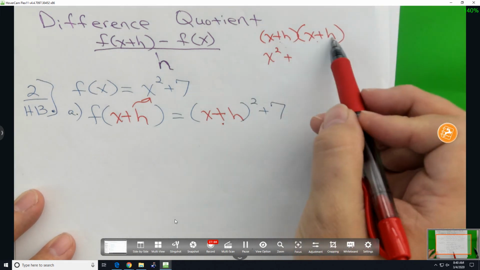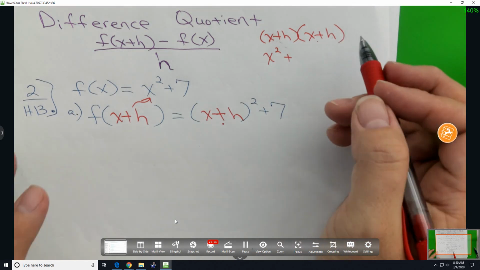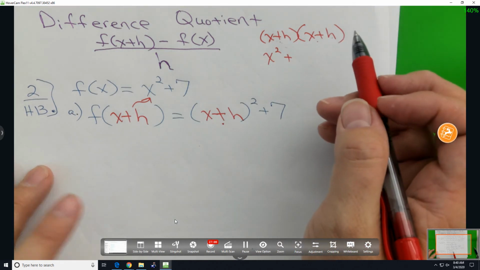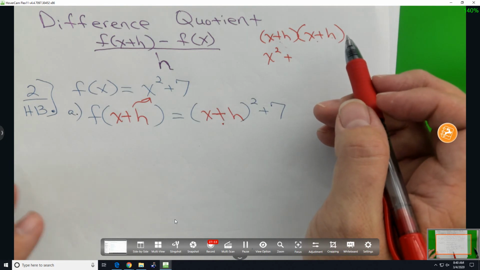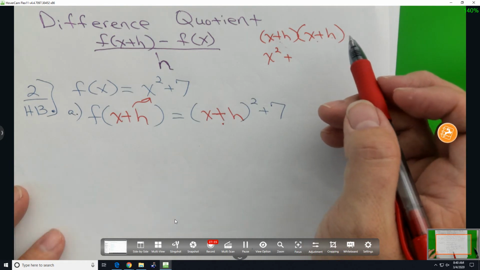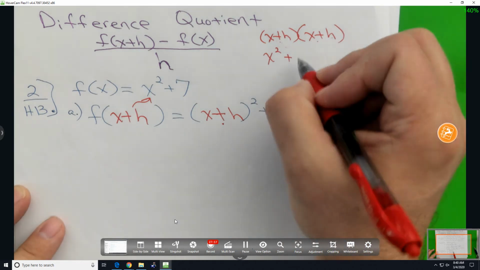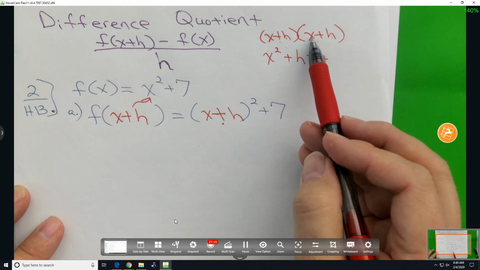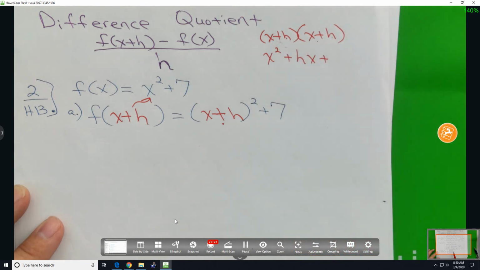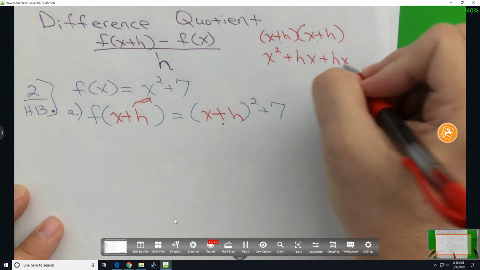Outer, x times h. Here's what I'm going to do. If my term has 2 different letters in it, I'm always going to put those letters in alphabetical order. I'll tell you why in a moment. x times h, that's an hx. Inner, h times x is another hx.